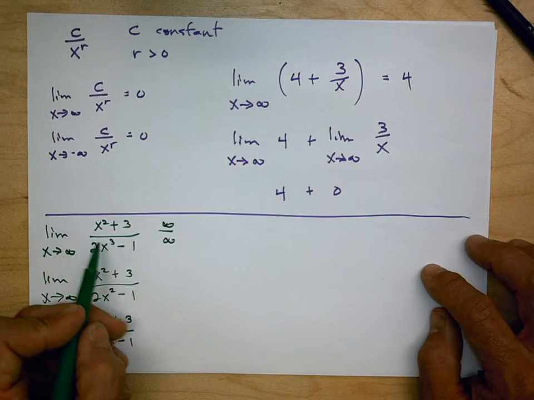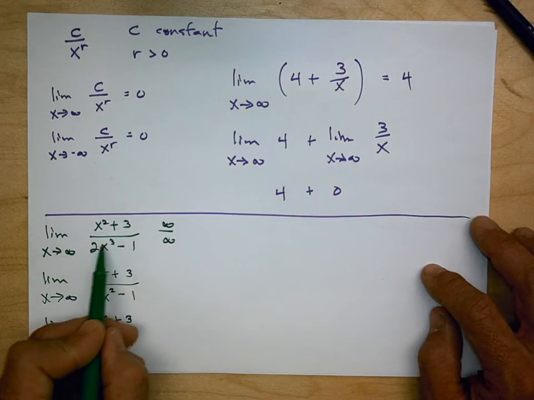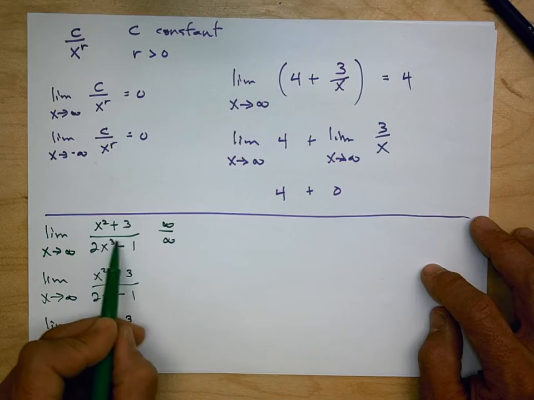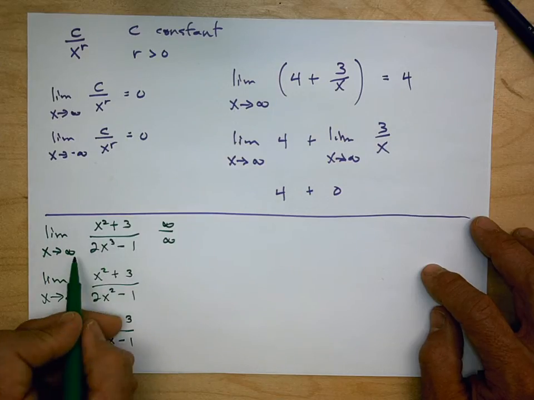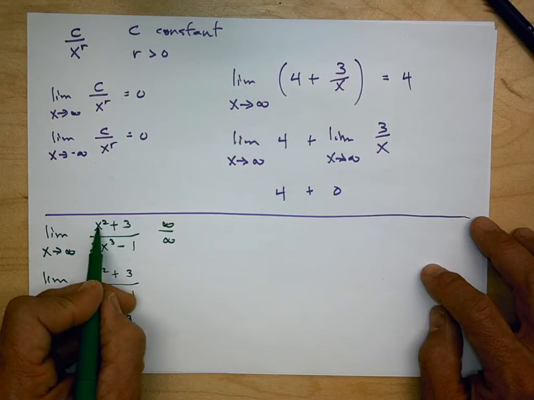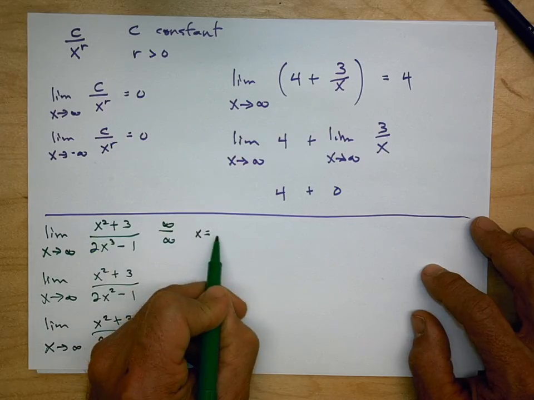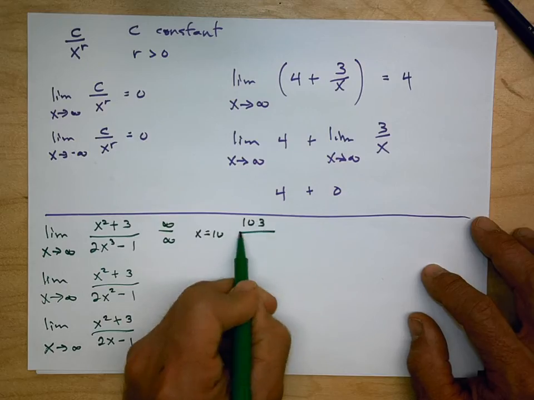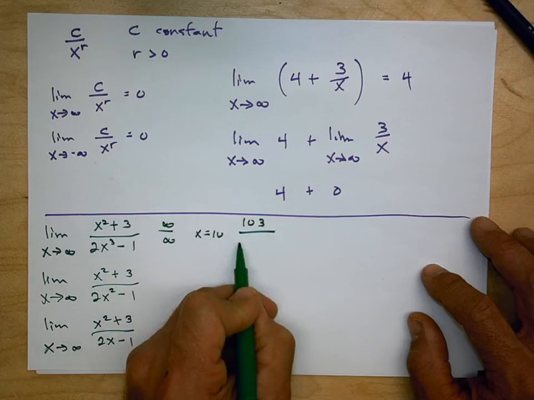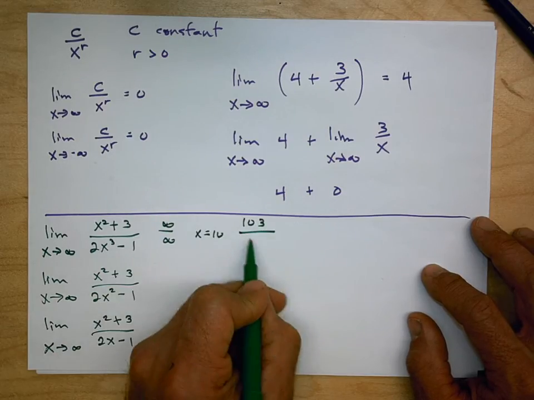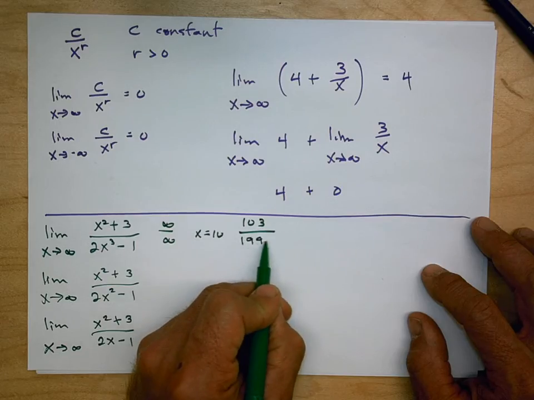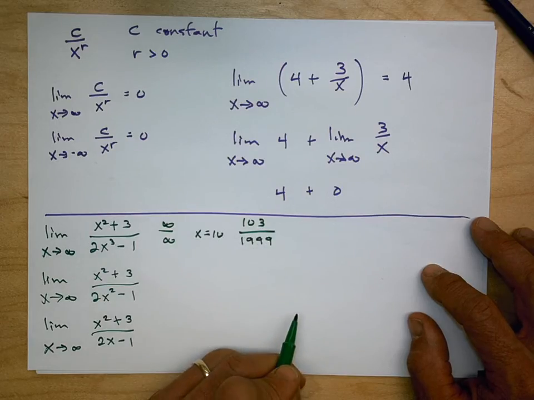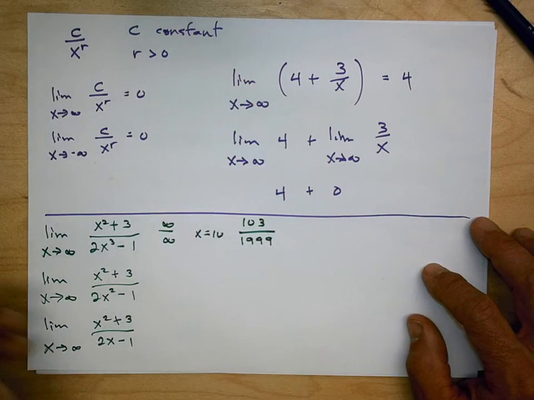We can see that it's likely that the denominator is going to grow faster. For example, if we put in something like 10, when x equals 10, up here I would have 103, and down here I would have 2,000 minus 1, so 1,999. So that's already about a tenth.